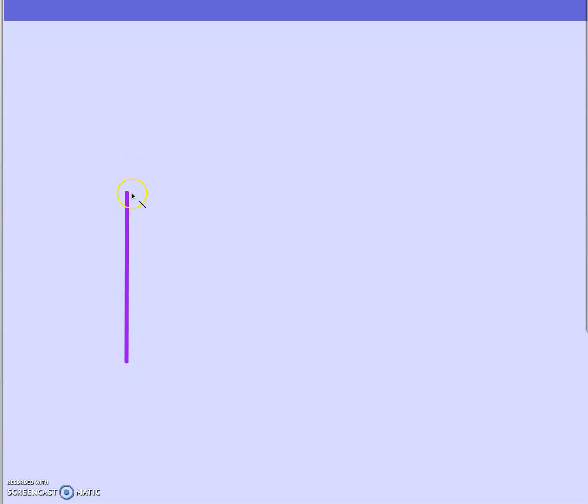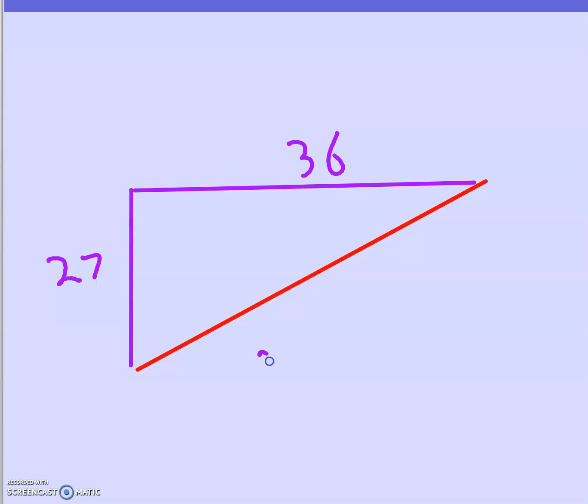27, 36. And what they want me to tell you is how far that is. Well, it's a right triangle because this is straight north and that's straight east, so we can use the Pythagorean theorem again. The two short sides are 36 and 27.